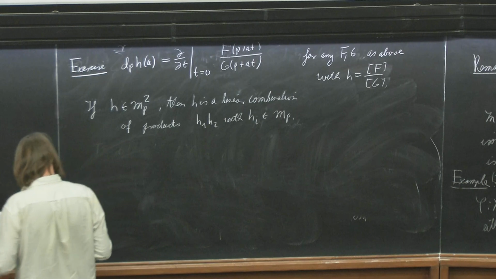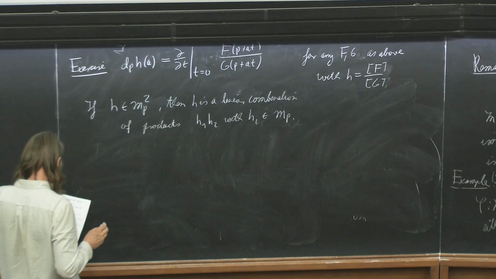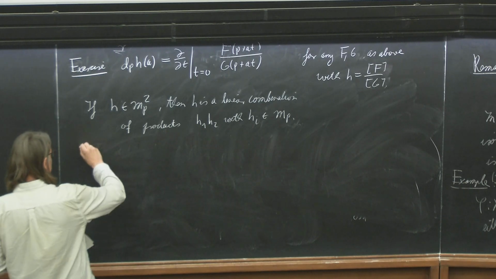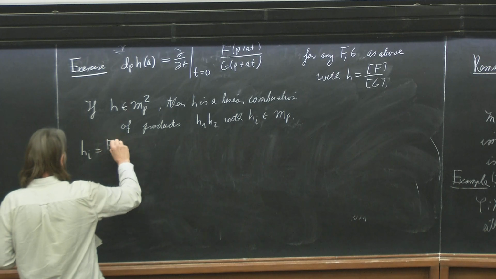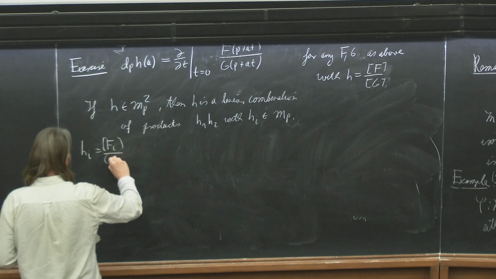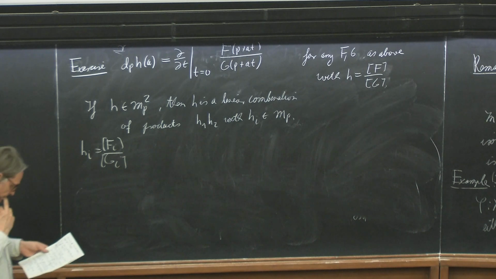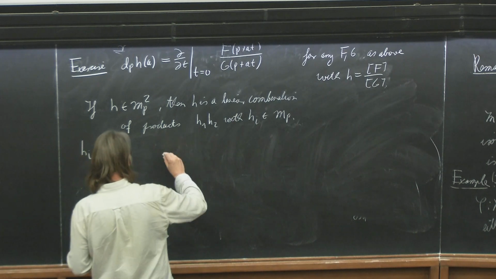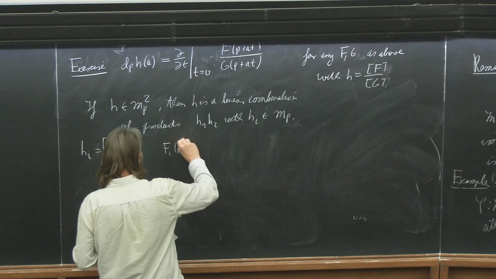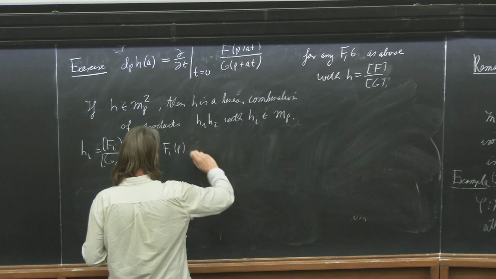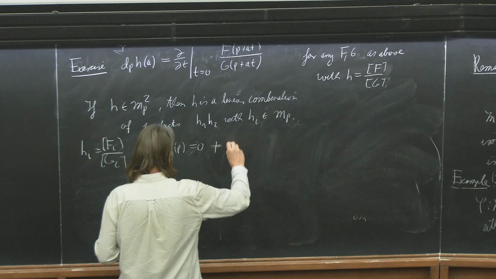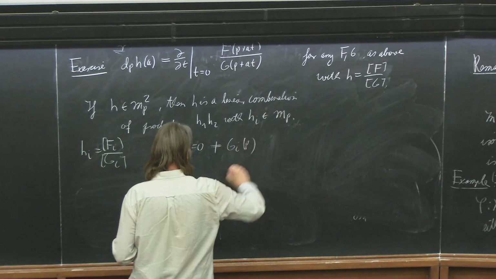Then again, we can write Hi equal to Fi divided by Gi, with Fi of p equal to 0, and Gi of p different from 0.